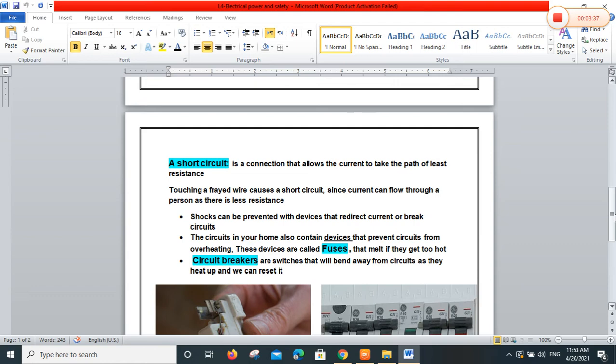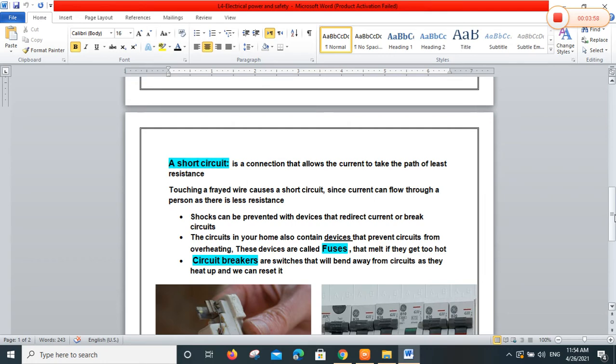Touching a frayed wire, frayed wire means a wire that is not insulated. Touching a frayed wire causes a short circuit, because your body is a good conductor, as you have liquids with salts inside your body.